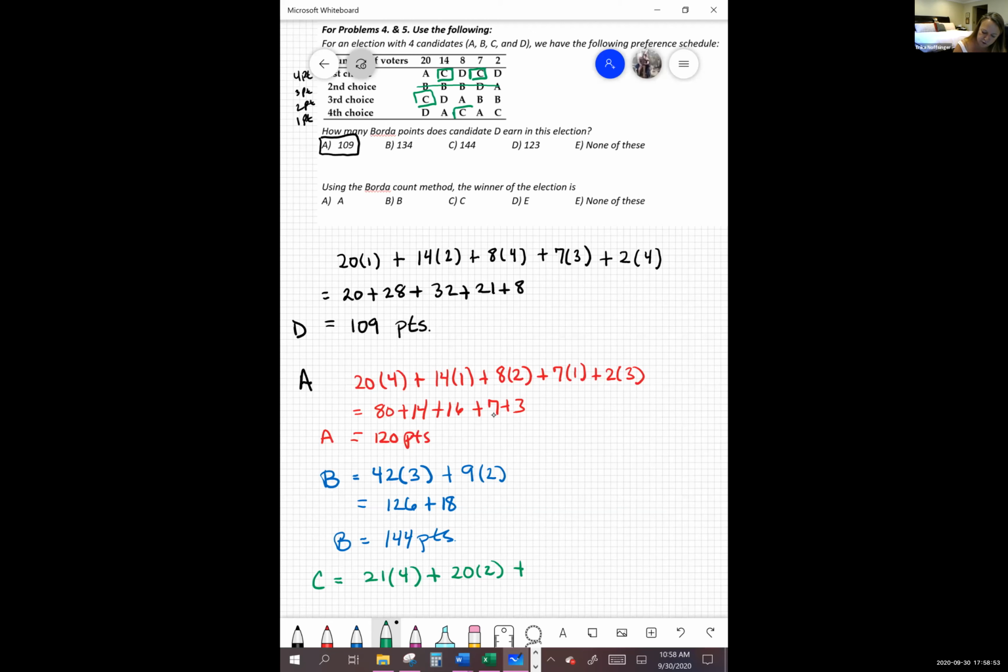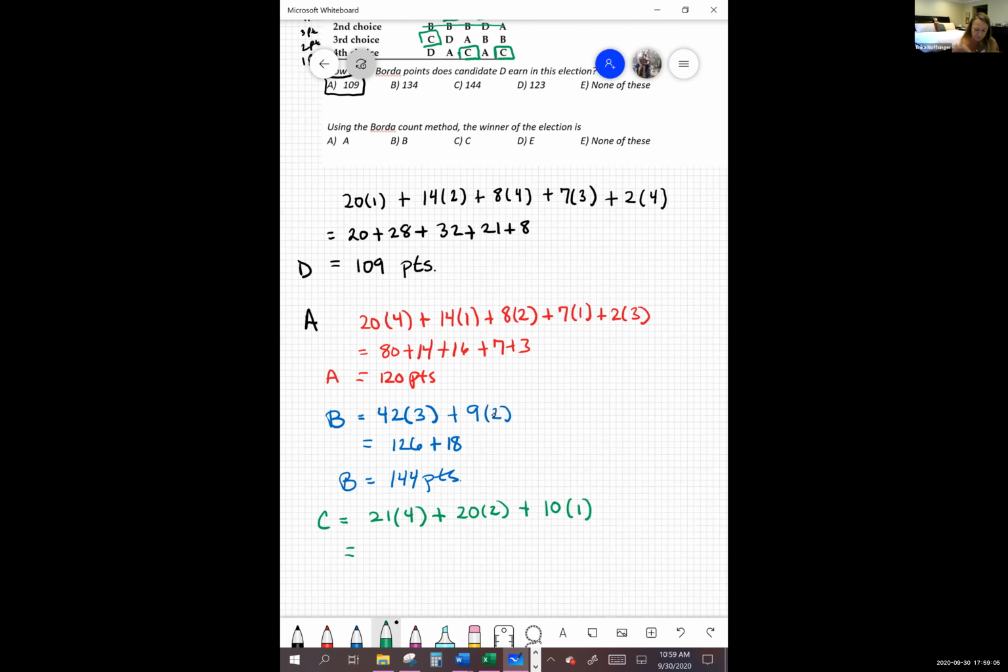And then C, fourth choice, that was 8 plus 2. There's 10 people that chose it for fourth place, which is only worth 1 point. So we have 4 times 21 is 84, plus 20 times 2 is 40, plus 10. So 50 plus 84 is 134. So by the Borda count method, B is the winner.